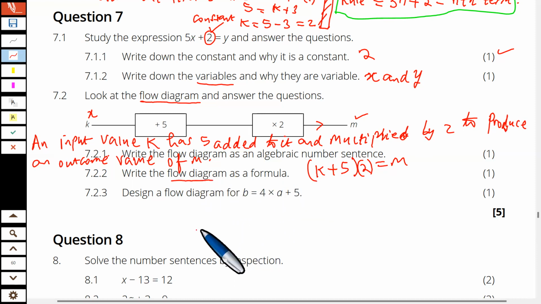So you have written the flow diagram as a formula. So now here in 7.2.3, you must be in a position to design a flow diagram. Design a flow diagram for this. So how to design the flow diagram for this?